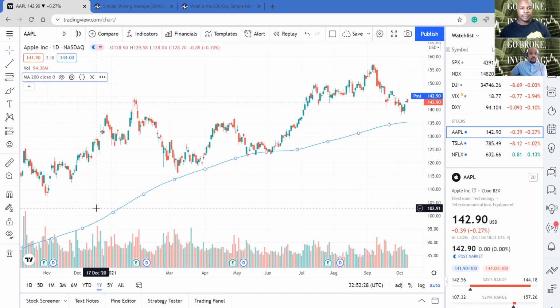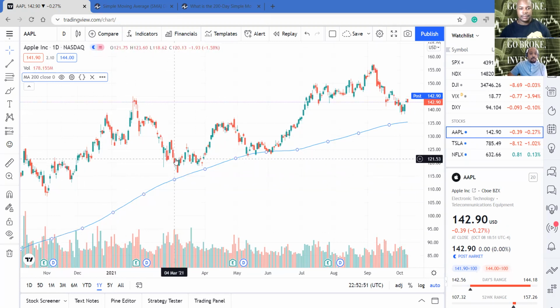The unique thing here is when you're looking at a bar chart, you see that it's erratic. It's kind of all over the place. But what this average does is it really just smooths that bar chart, so it looks like a smooth line going across. So what I want to talk about here is a strategy of entry.